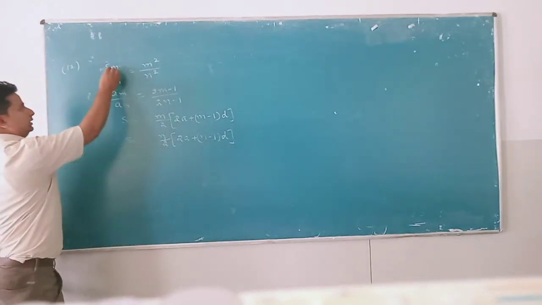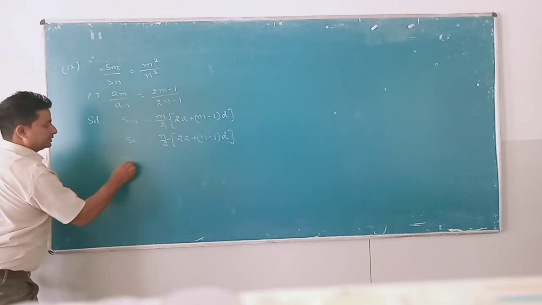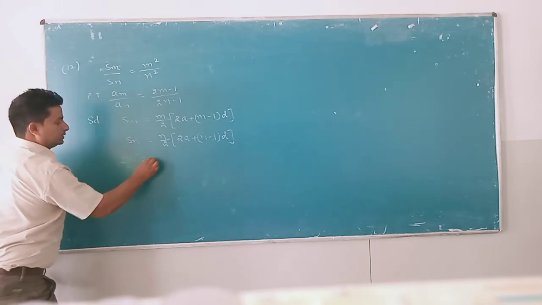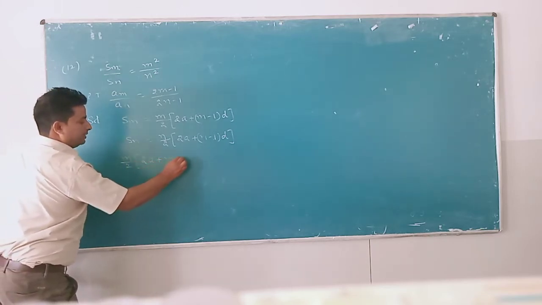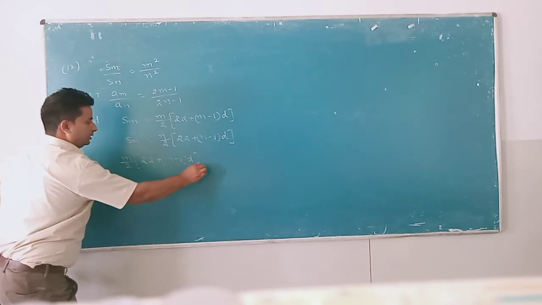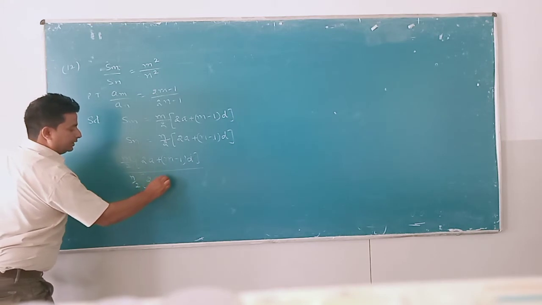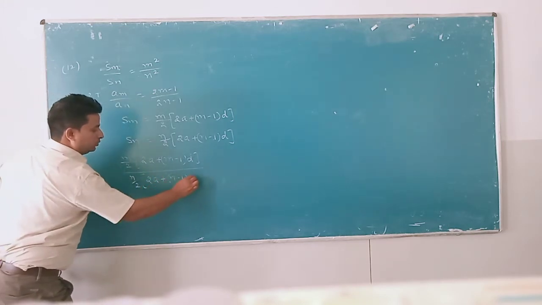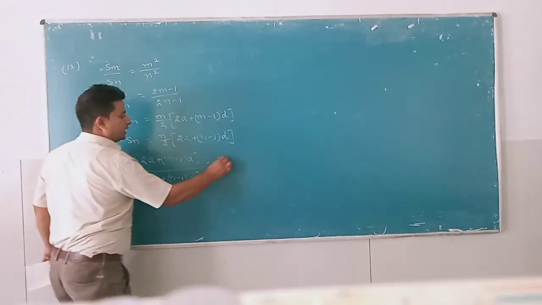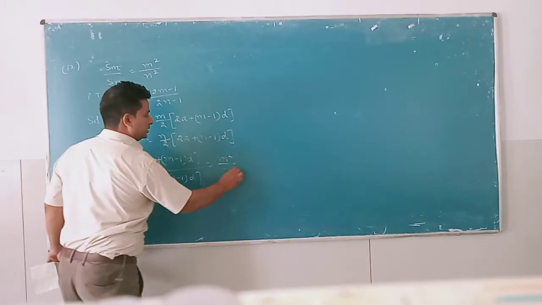When we put the values here, m upon 2 into (2a plus m-1 into d) divided by n upon 2 into (2a plus n-1 into d) equals m square upon n square.